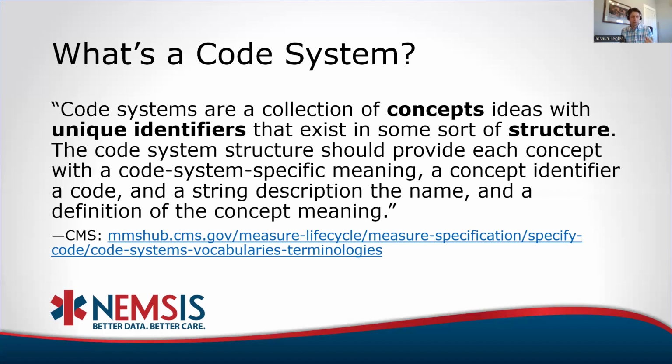It also has some structure to it. And we're going to see that in each of the code systems that we're going to look at today, where the code system relates the codes to each other, the concepts to each other within a structure. And each of the code systems that we look at today has a little bit different structure that they use for their particular problem that they're trying to address.